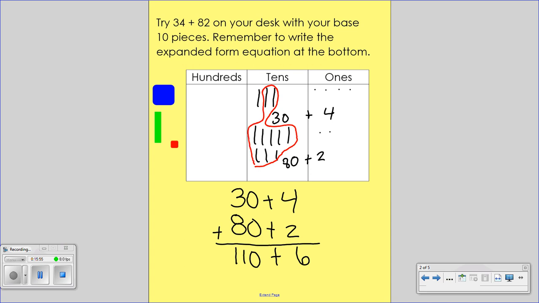We throw these out to the bank, and they give us back a hundreds flat. I would then have 100 plus only 110 plus 6, or 110 plus 6, which is 116.